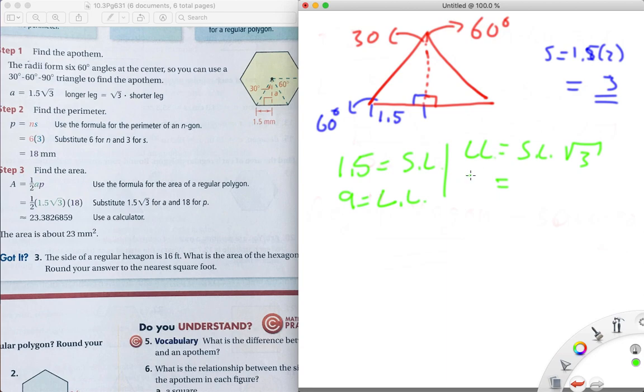So the apothem, which is the longer leg, is going to be equal to 1.5 times the square root of 3.